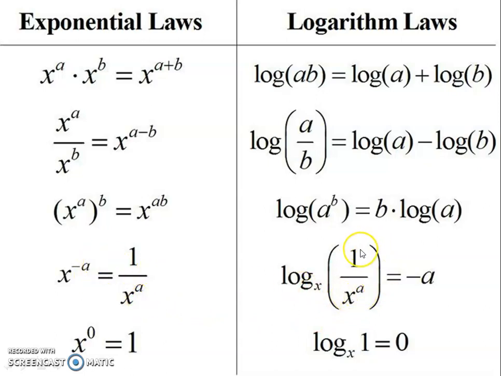So the minus symbol goes to this side by using the power law. Log x to the base x is always 1, so we derive the answer minus a. That means the base of the log and the base of 1 upon x raised to a must be equal. Then we directly write the index of that number with a negative sign.